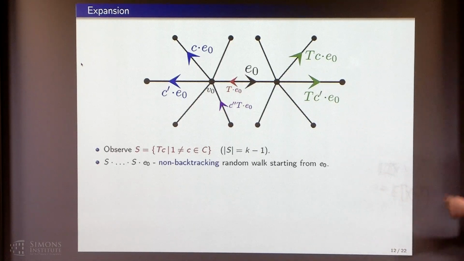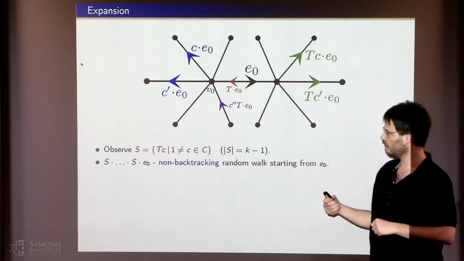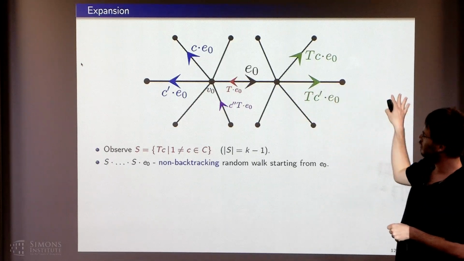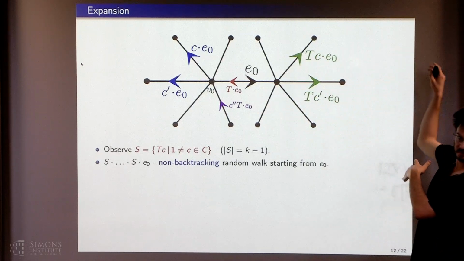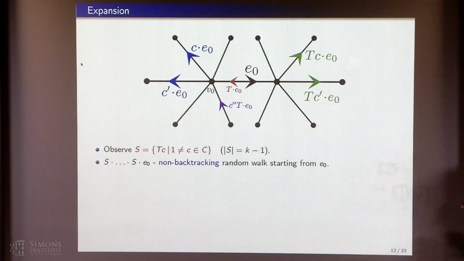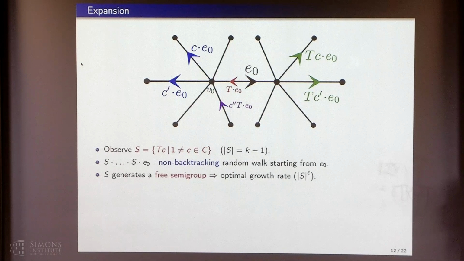And what happens is that when you apply powers of C, you're actually getting a non-backtracking random walk starting from this directed edge. So you're always going forward. And this already tells you that these elements generate a free semigroup. So there are really no relations, not even inverses. And a free semigroup has really the optimal growth rate, even better than a free group.